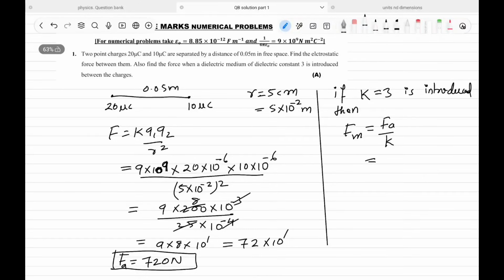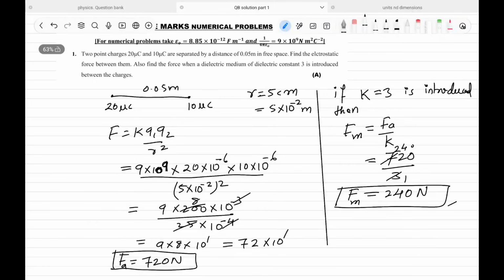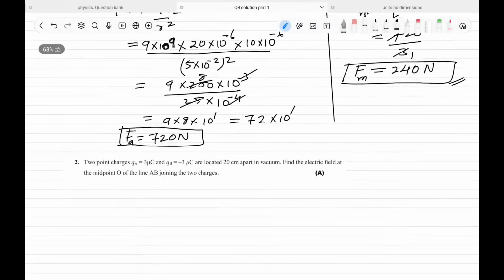F air, how much? It is 720 divided by 3. Now it becomes 3 ones are 3, 3 twos are 6, and 3 fours are 12, and this 0, now it will become 240 Newton force in medium. Okay, so hope that you understand. Next question.